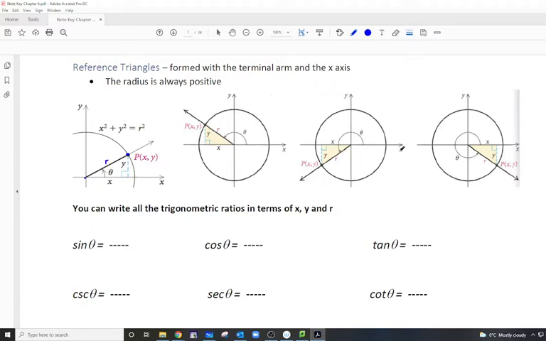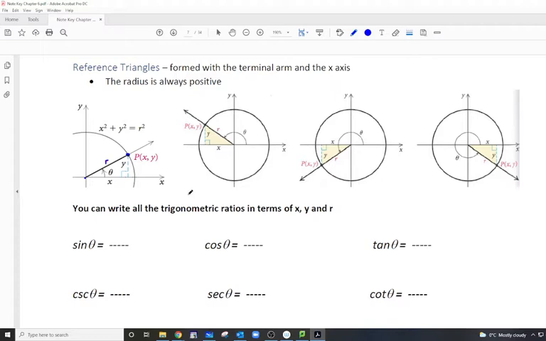Also, because we're intersecting at a point (x, y), every single triangle is going to have an x value, which is the length along the x-axis, and a y value, which is the height to where you intersect the circle.